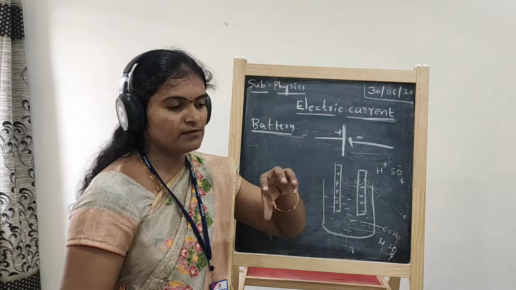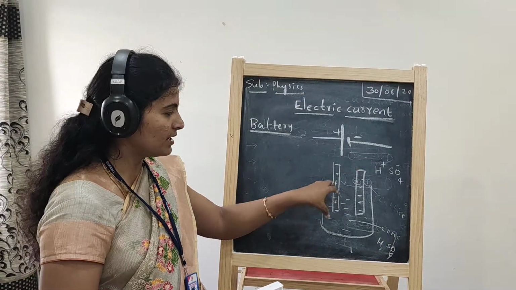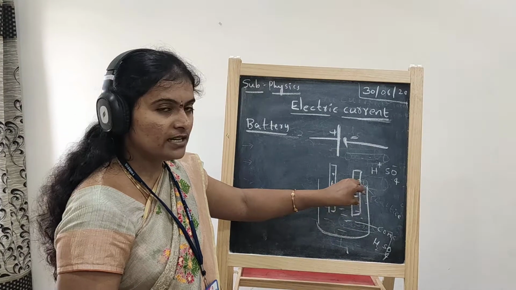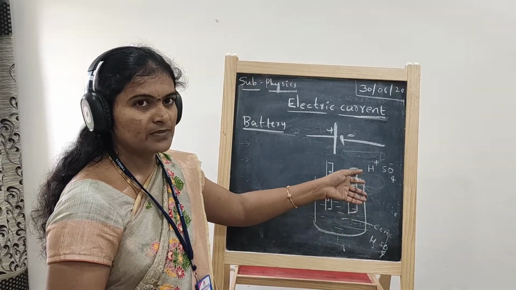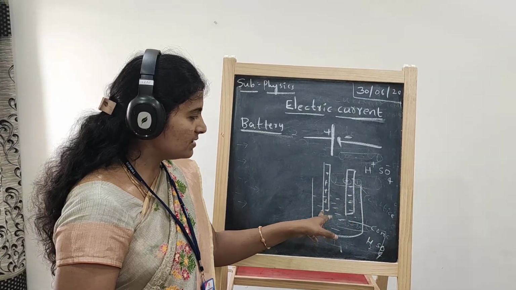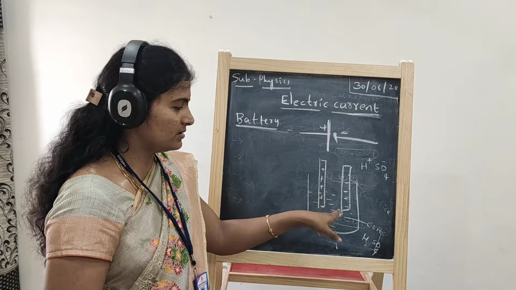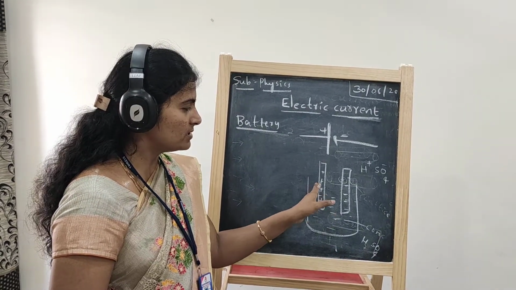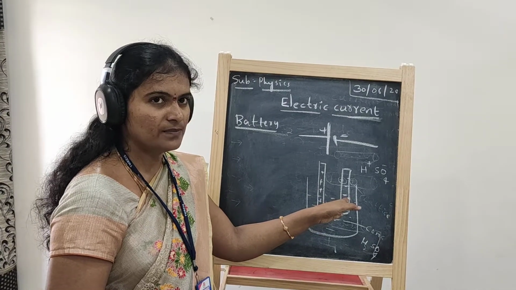All positive ions move to one plate and accumulate there, and all negative charges accumulate on the other plate. Why? Because the chemical force pushes the different ions towards the electrodes.